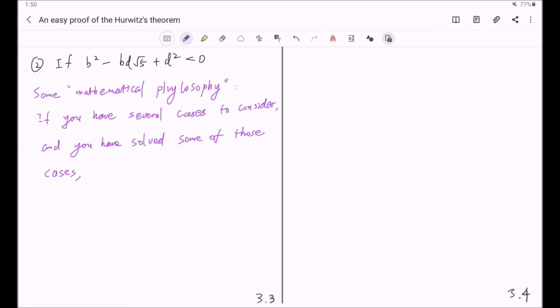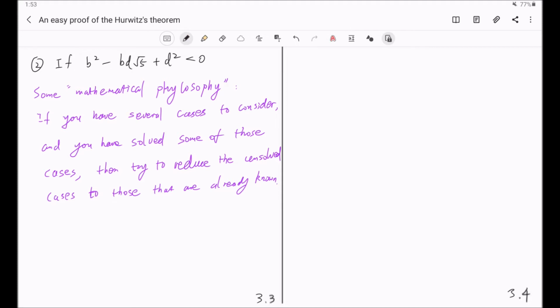In general, you are not going to always start from scratch. What you should first think about is whether you can reduce the rest of the cases into the cases you already know. And this is the philosophy that we are going to follow here. We are going to reduce this second case to the first case.